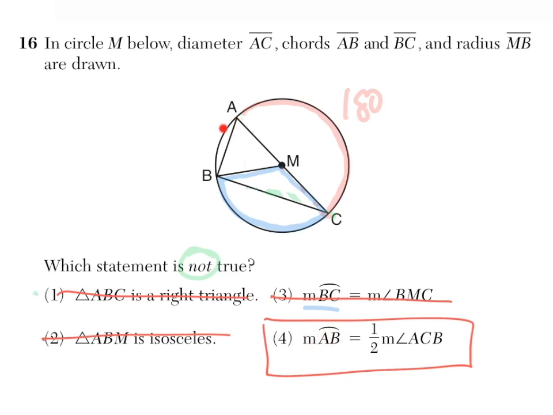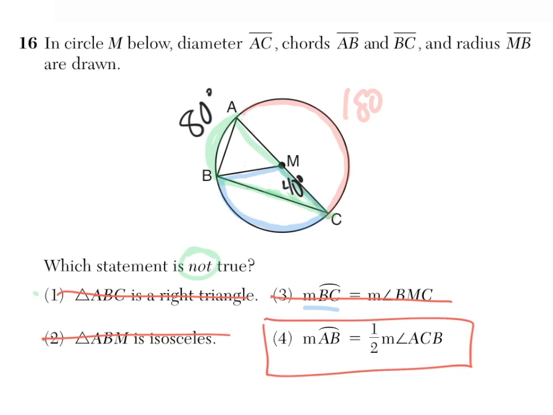So we've got arc AB is equal to half of angle ACB. And I remember that ACB is the inscribed angle of arc AB. But what I also know is that this arc is twice as much as the inscribed angle. So if this is 80 degrees, then ACB's got to be 40 degrees.